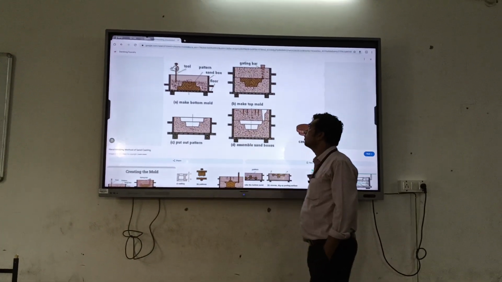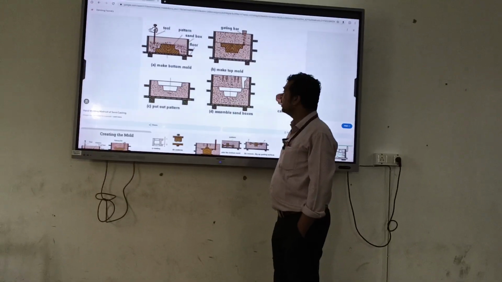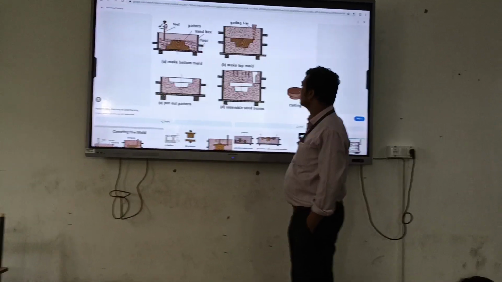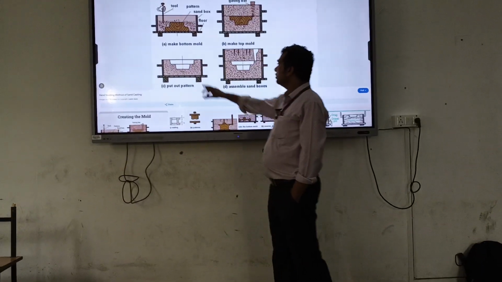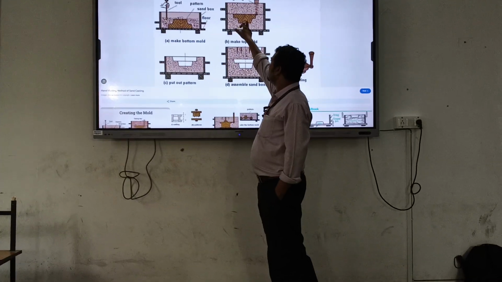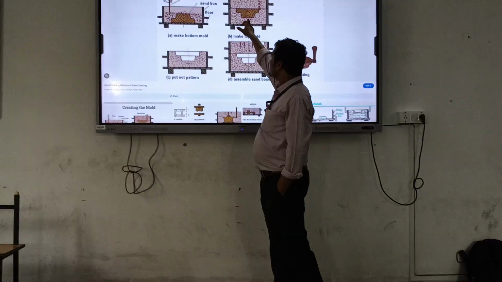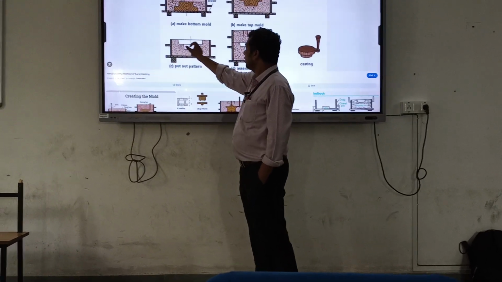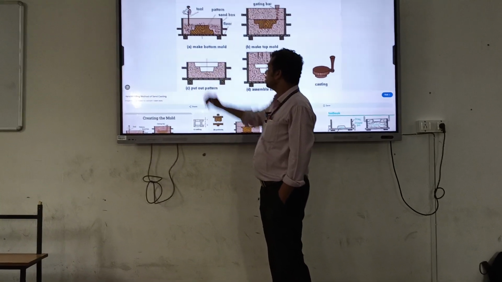Here we say that this is the single piece pattern, and another piece of the pattern is also placed in this section.